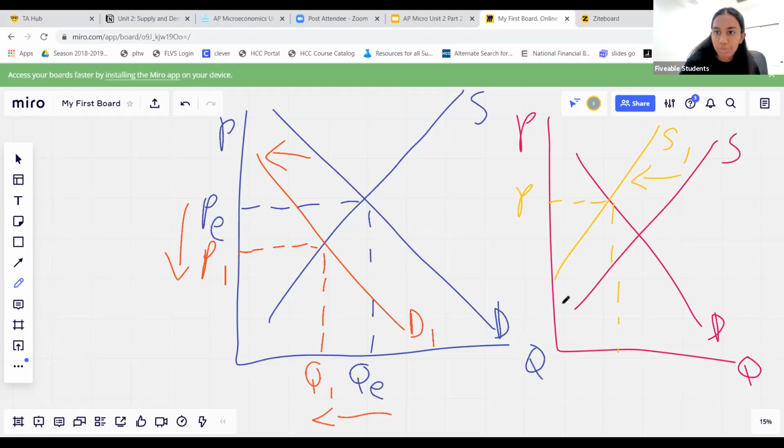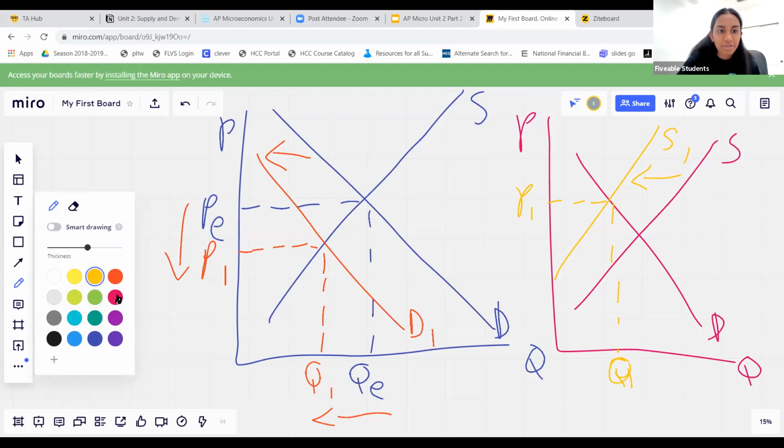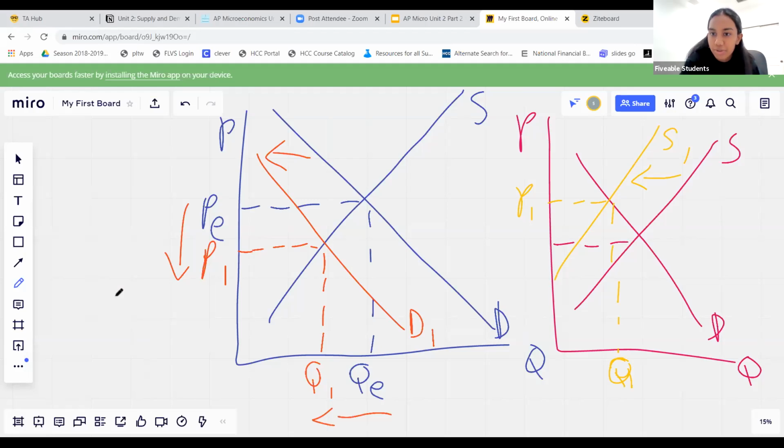Let me do equilibrium price and quantity as well. I forgot that. That is not a Q. So our equilibrium price and quantity are here. So as you can see, since we have a decreased supply, we have a decreased quantity, but we have an increased price.